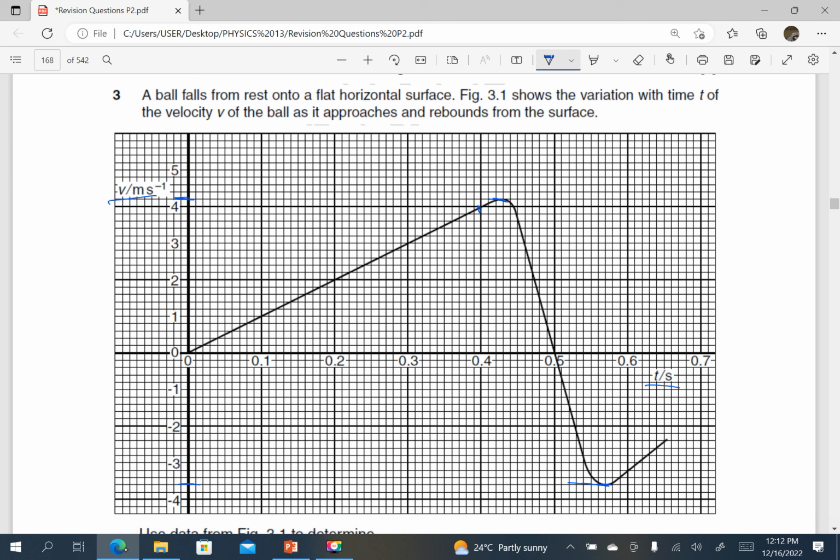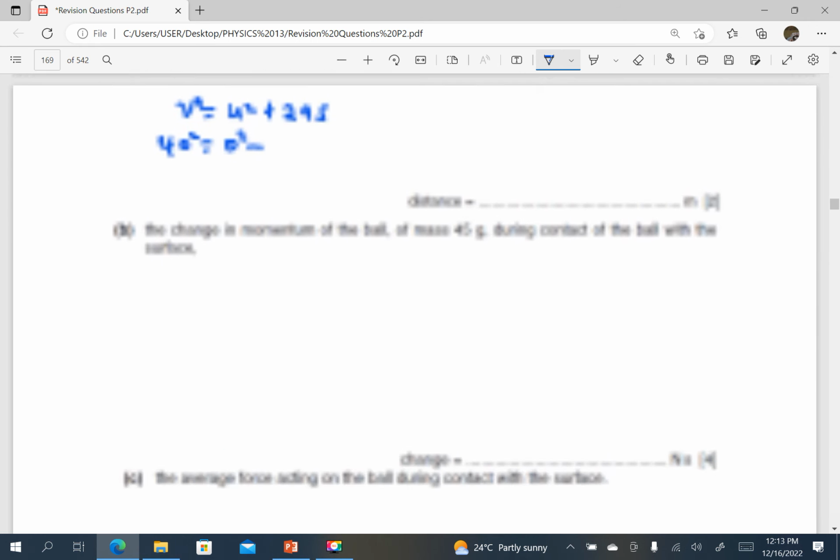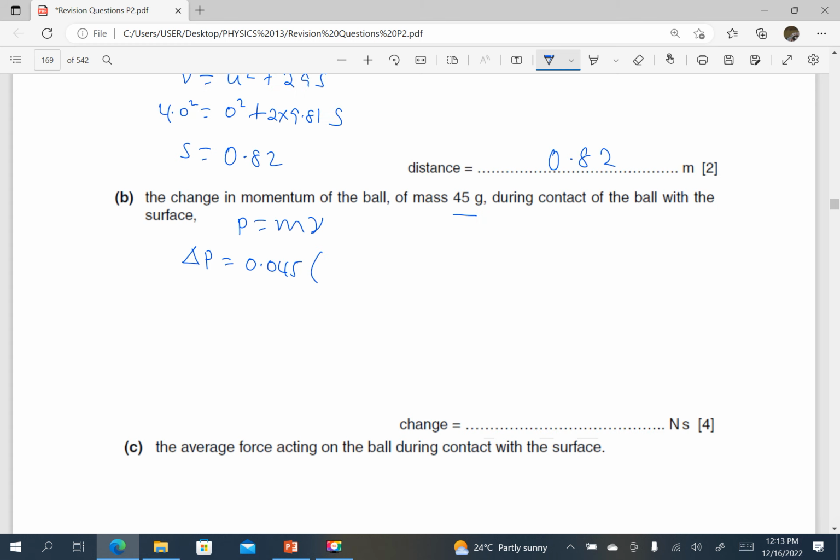This is negative 3.6, I guess. Yes, negative 3.6. This is 4.2 at the points of contact. Contact starts when the velocity is 4.2 and stops when the velocity is negative 3.6. So it means the change in momentum is going to be 4.2 minus negative 3.6, times 0.045.